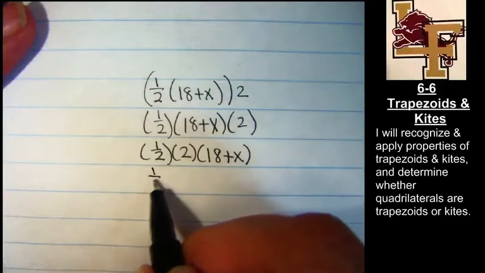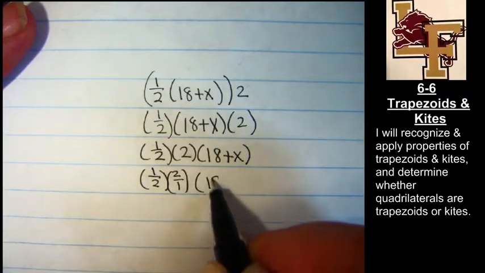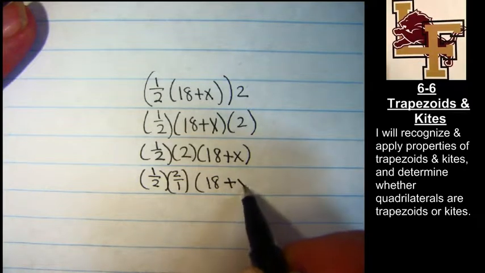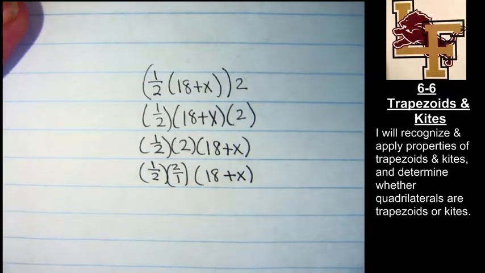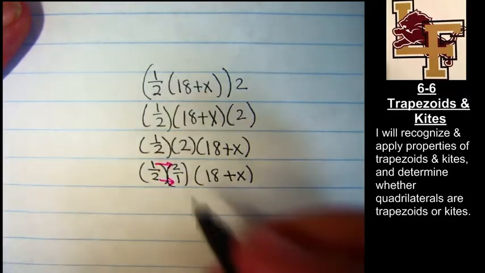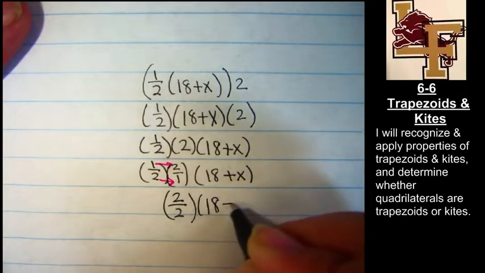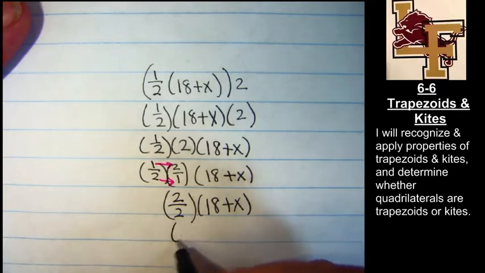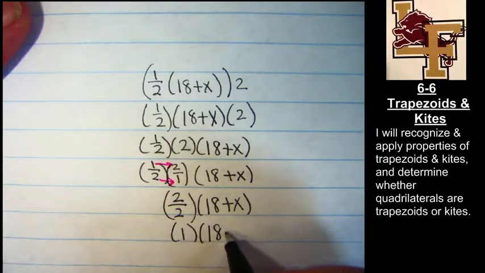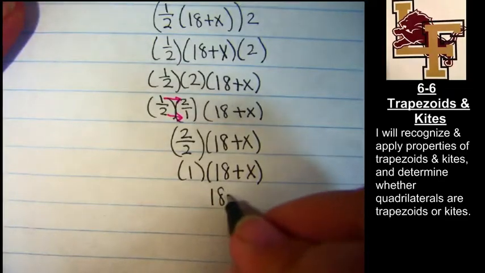So I'm going to trade the 2 for its fraction form of 2 over 1. And my rule to multiply fractions is just to multiply straight across. And so this becomes 2 over 2. And 2 over 2 is the same thing as 1.